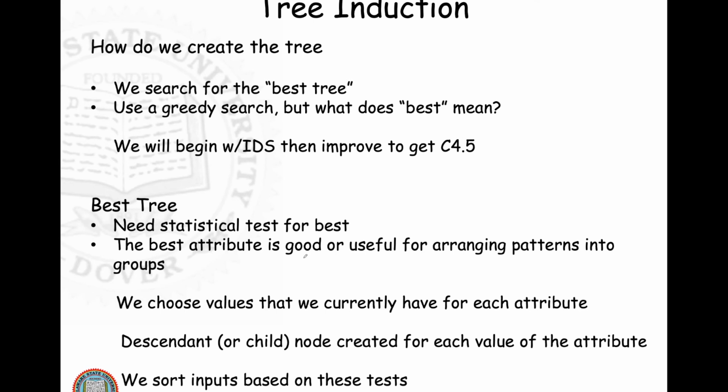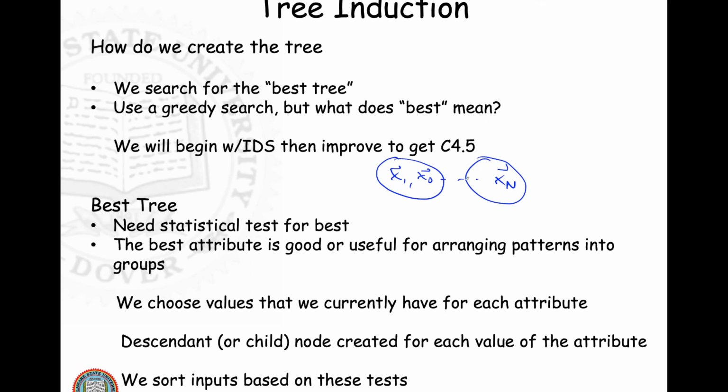And so the best attribute then is one that is good or useful for arranging all of your input data, your historical data, into groups. And so you're going to start out with your data set, vector x1, vector x2, and so forth, up to including vector xn. And so you're going to end up separating your patterns, your vectors, into groups. And you want to choose the values as the basis for this test that you currently have for each attribute.